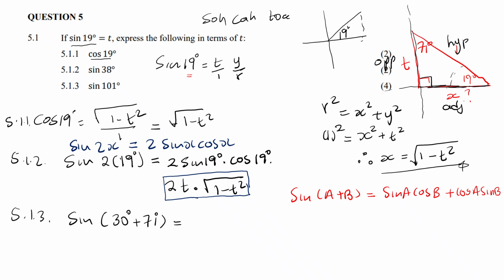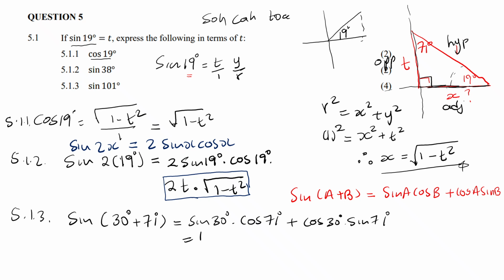I'm going to write this as the sine of 30 degrees times the cos 71 degrees. Then let's add the cos of 30 degrees times the sine 71 degrees.